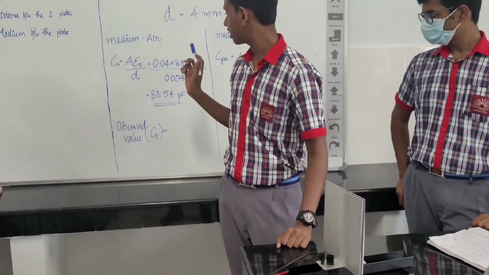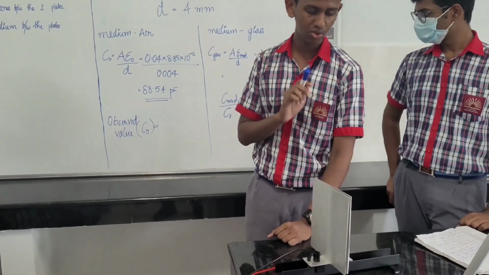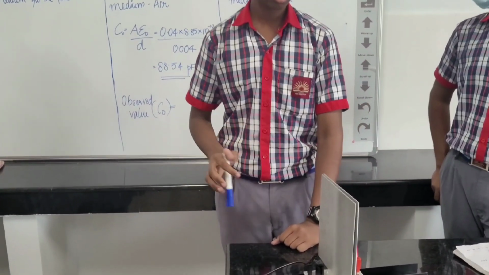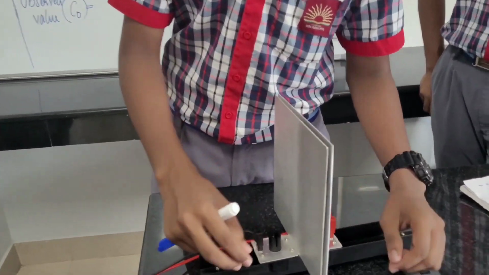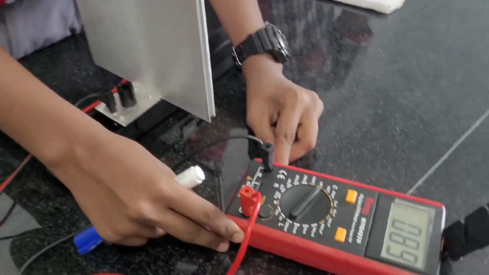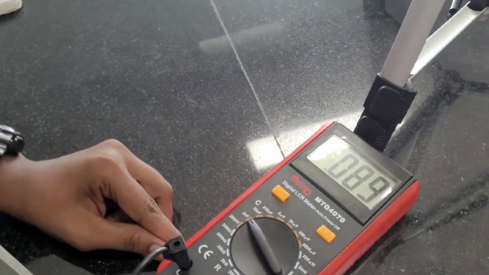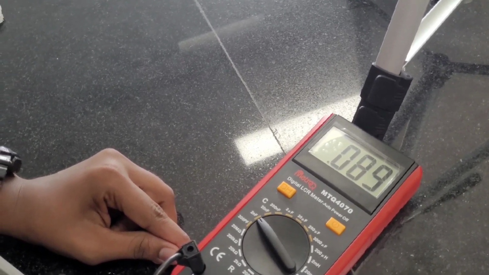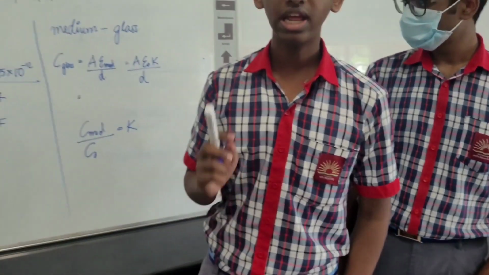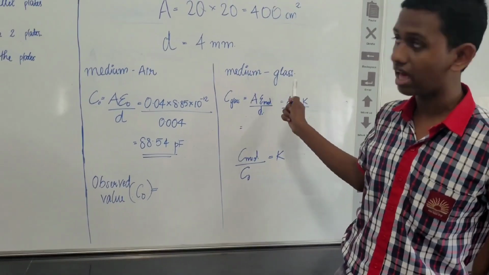That is the theoretical value when we are using air as a medium. Now let's find it experimentally. We are getting a value around 89. Now let's change the medium and use glass as the medium.